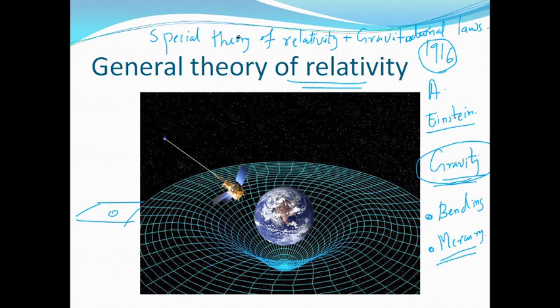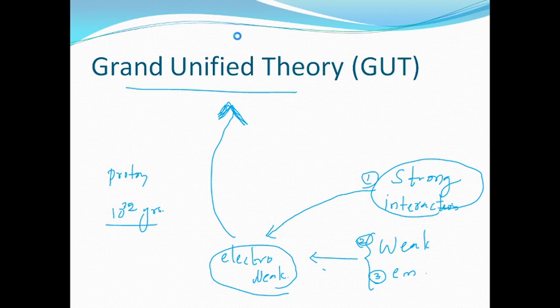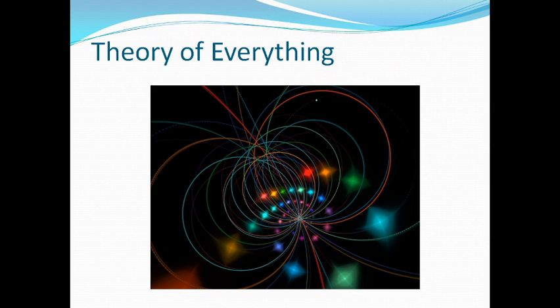Earlier we saw that the grand unified theory tried to merge three of the interactions: the strong, weak and electromagnetic interactions. Now there are attempts to combine all four interactions, including the gravitational interaction. One such attempt is the theory of everything. Here the physicists tried to unify all four interactions into a new theory.